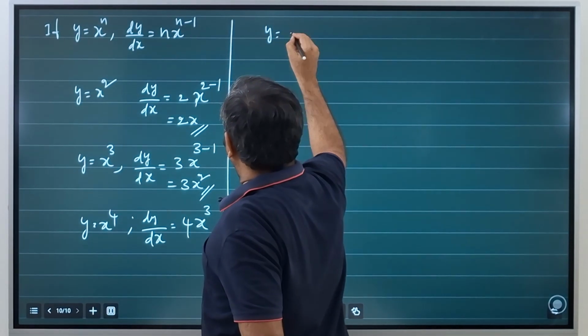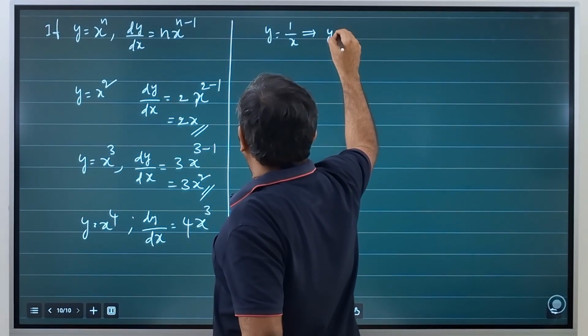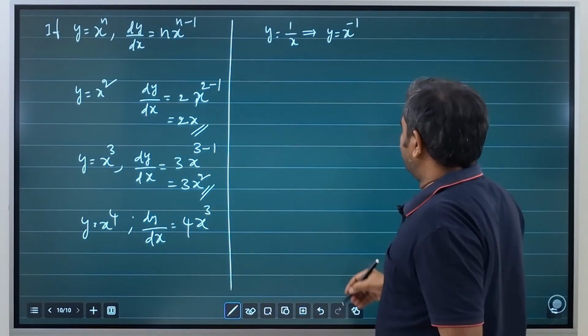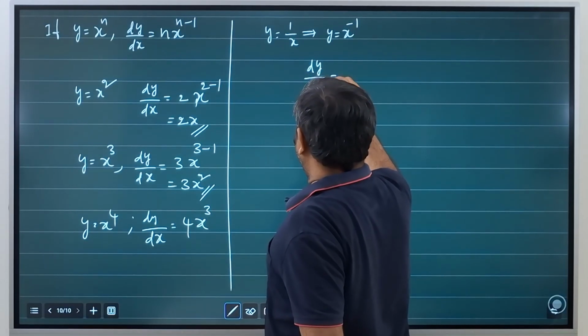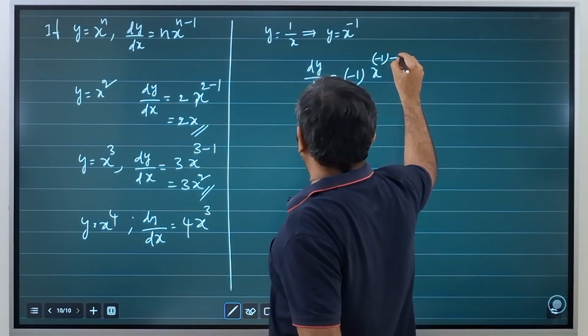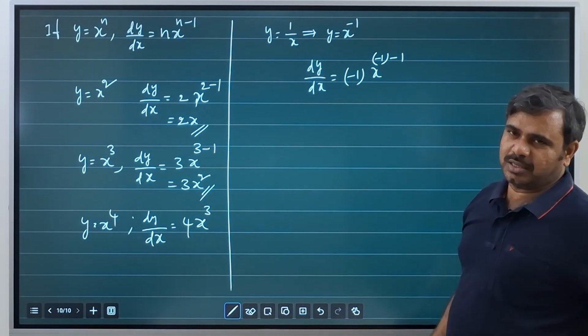Y is equal to 1 by x. Take this function. 1 by x means x power minus 1. Find dy by dx. Minus 1 into x power minus 1 minus 1. n into x power n minus 1. n is minus 1 here.